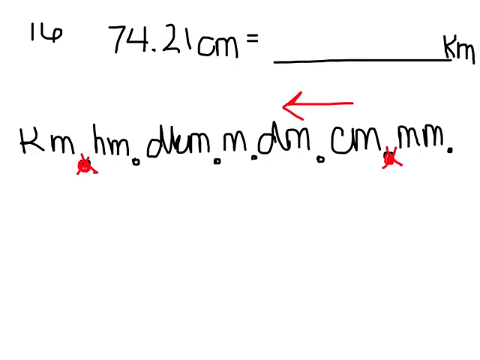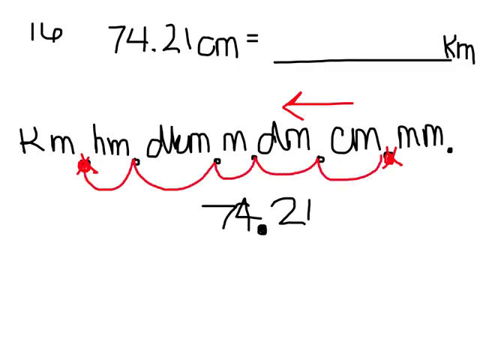So then the next step is to write what I've been given so I can make my bubbles. 74.21, here's my decimal point, and I know that I'm going to move to the left, so I have 1 bubble, 2, 3, 4, 5.